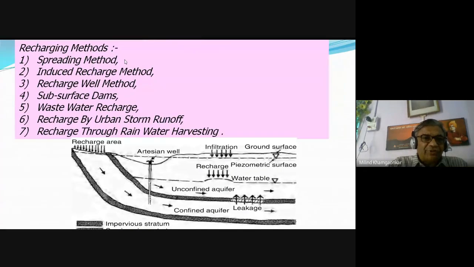The first is the spreading method. The second is the induced or indirect recharge method.